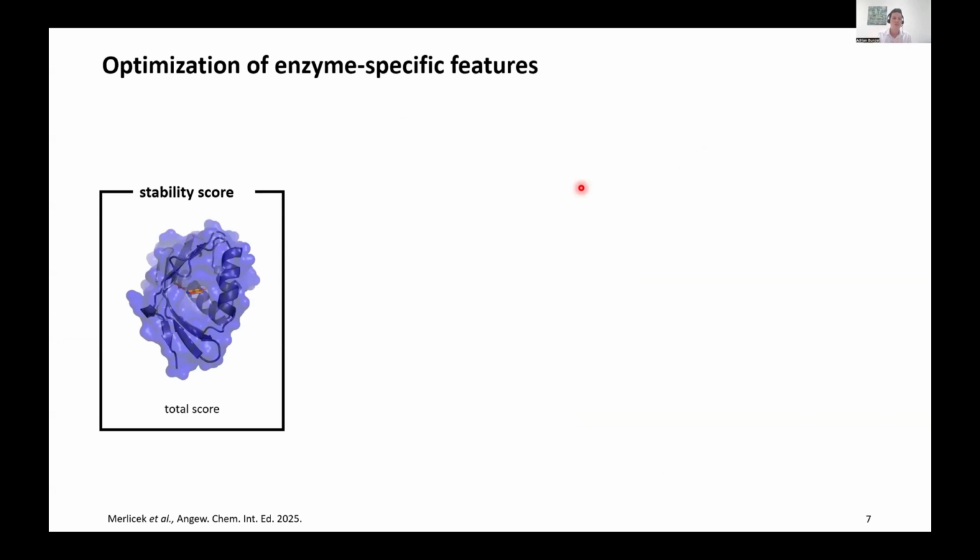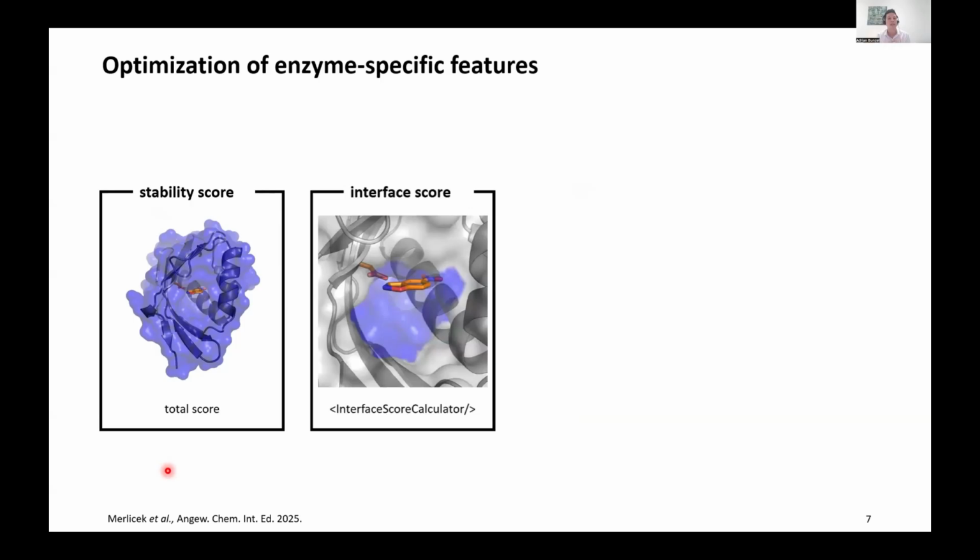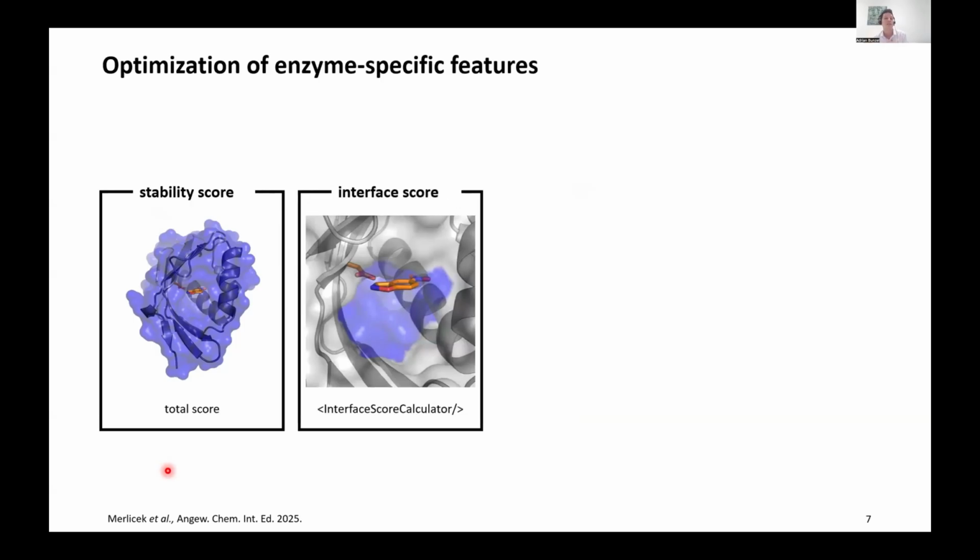What did we try to optimize? Of course, we're still after protein stability. So we have the stability score that we're trying to increase, which reflects the total Rosetta score of our enzyme substrate complex. But then in addition to this, we have some more enzyme-specific features that we're trying to improve. So we are calculating an interface score, which represents the interaction energy of our substrate or transition state model with the enzyme active site.